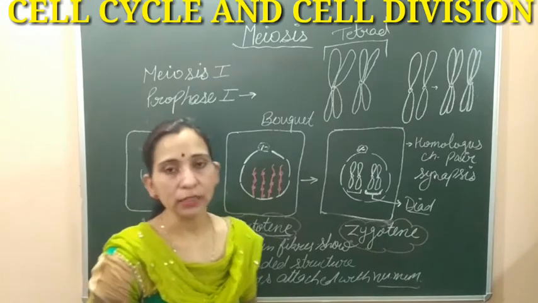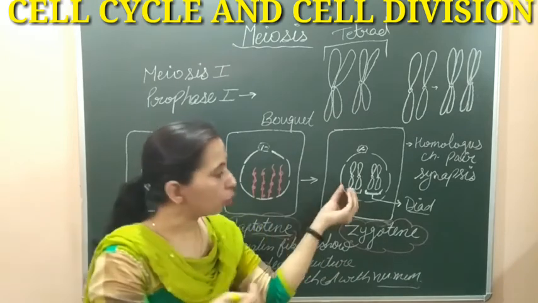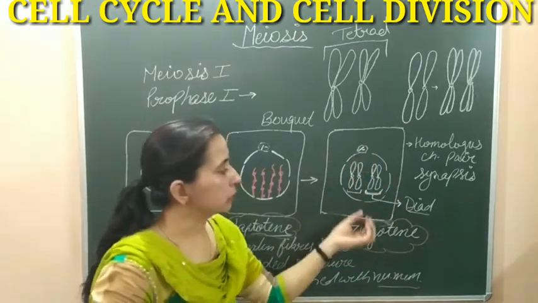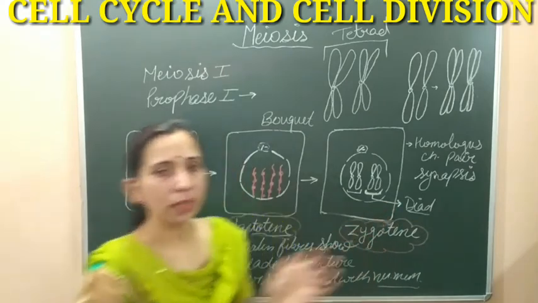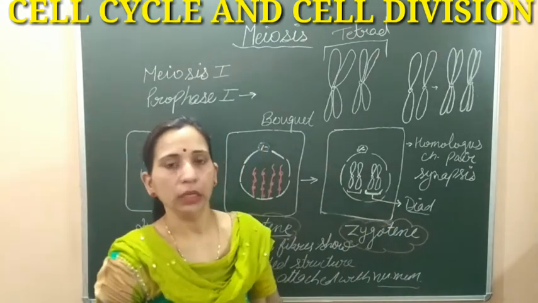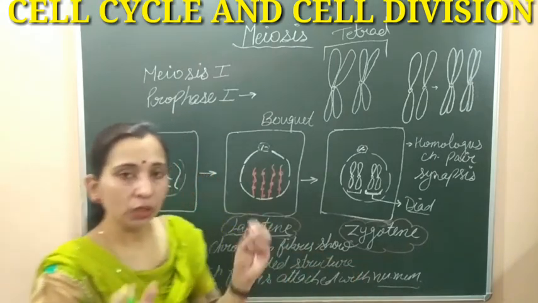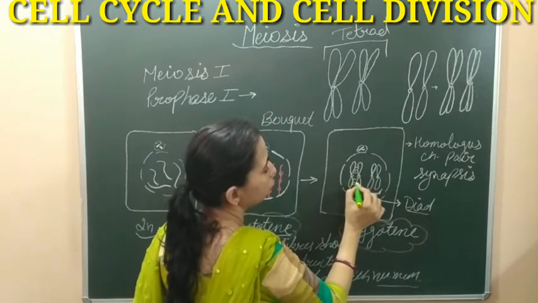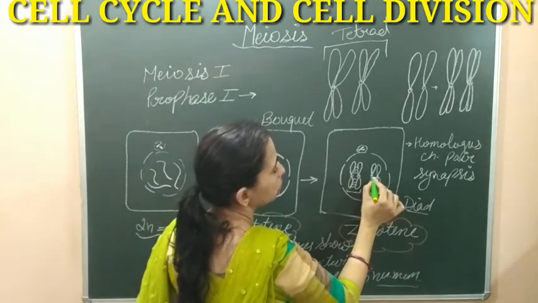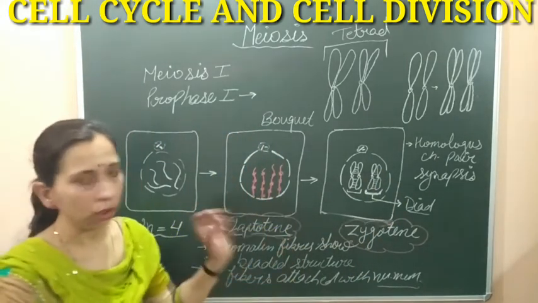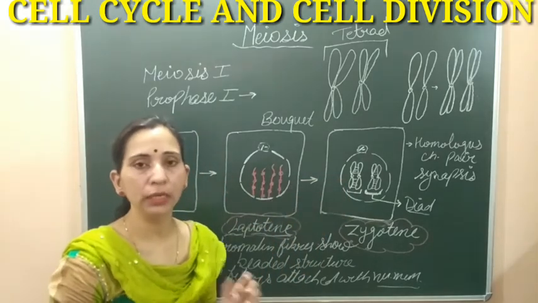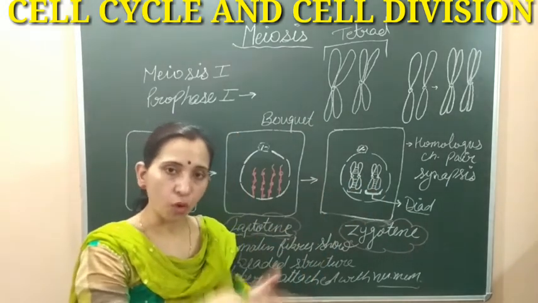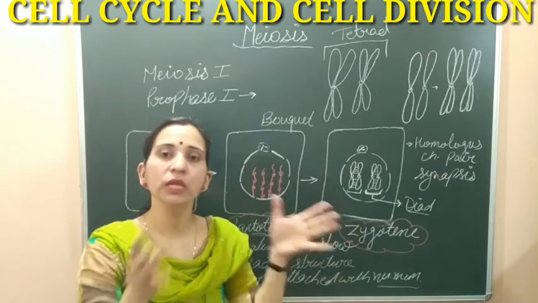This bivalent or this dyad should remain with each other. यहाँ पे chromosomes की pairing हो गई है, but this pairing should remain close to each other, क्योंकि nucleoplasm में present है, they can get separated. दोनों में कुछ separation हो सकता है. इस चीज को avoid करने के लिए, so that this pairing does not break up, a complex is formed between these homologous chromosomes, and this structure which is forming between them is known as synaptonemal complex. So synaptonemal complex will form to keep these homologous chromosomes together.